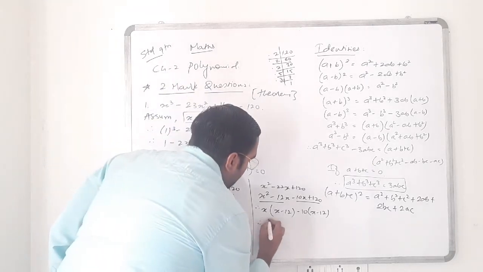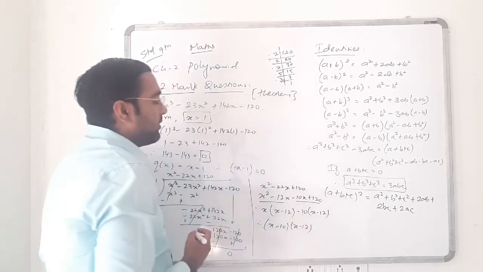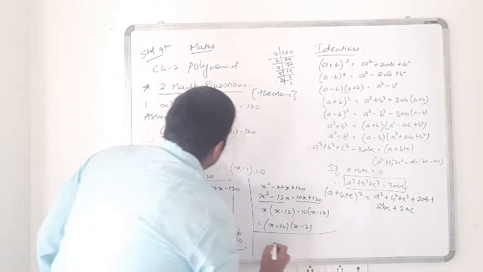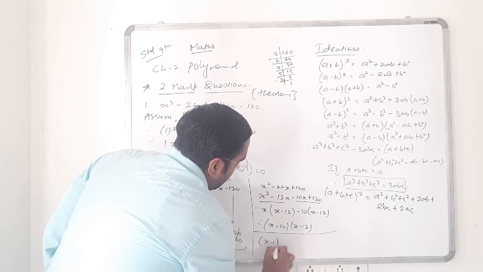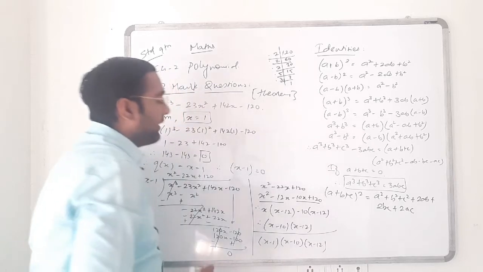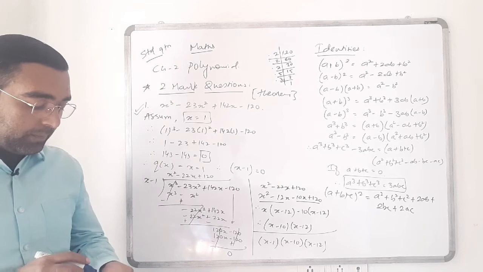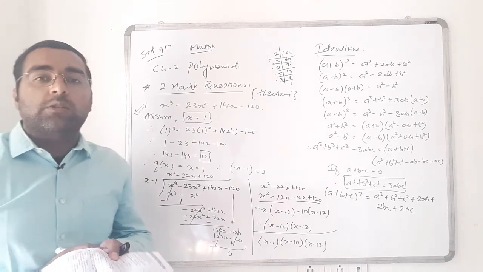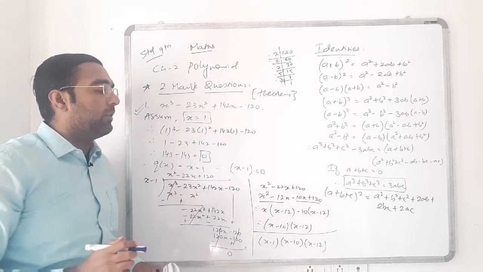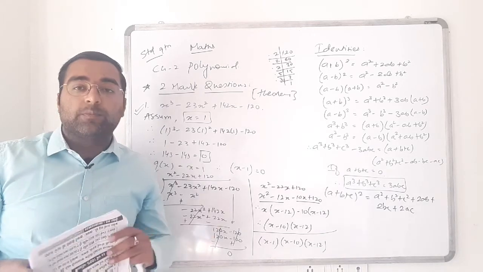So x minus 10 and x minus 12, this is your answer. So your final answer will be x minus 1, x minus 10 and x minus 12. These are the factors of the given polynomial. Clear that? So students, please first of all note down all these identities as well as this question. After that we are moving on to the second one.